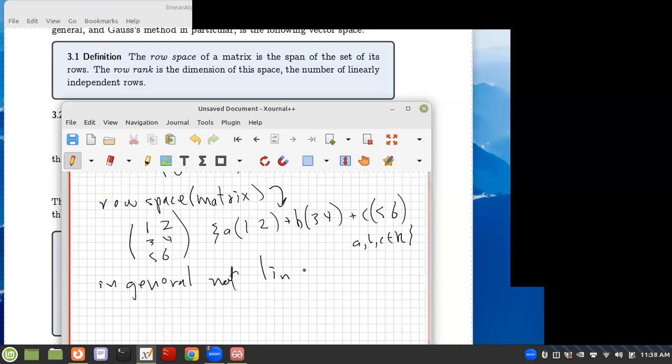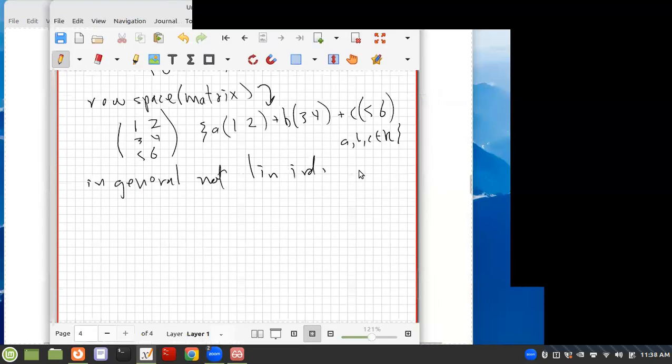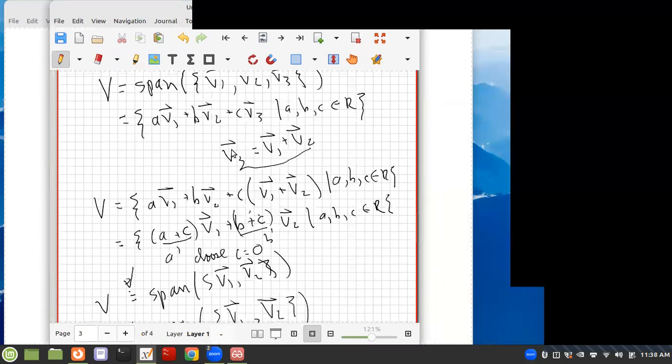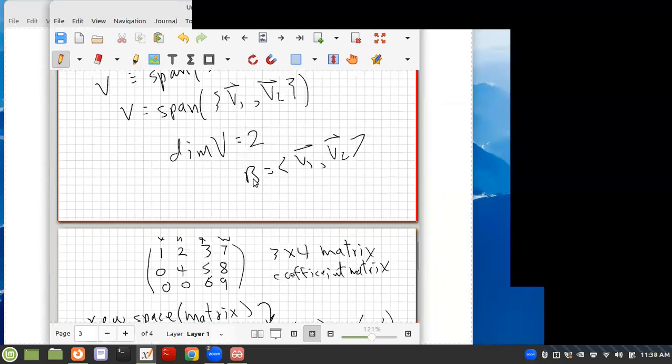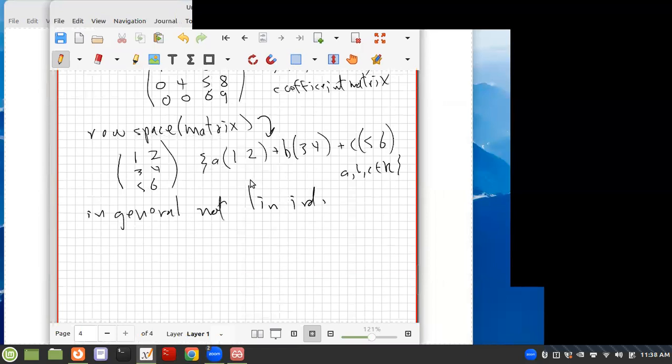And this goes back to this problem of, let's say I had a vector space with some dependent vectors, how do I in a simple way find a basis? Well, here's a row space for the matrix, and the question is, are these linearly independent?